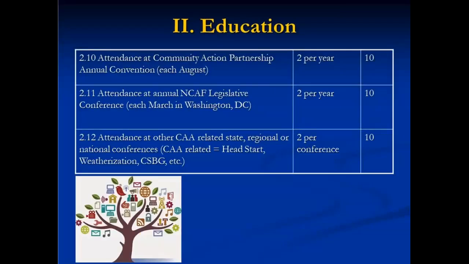By the way, that also counts for not just the annual convention, but it also counts for the Management and Leadership Training Conference. The 2.11 is our attendance at the NCAF Legislative Conference that happens each March and only in Washington, D.C. That counts for that.